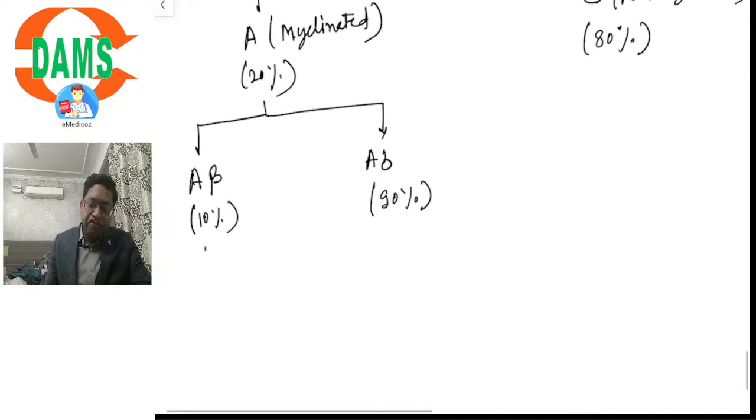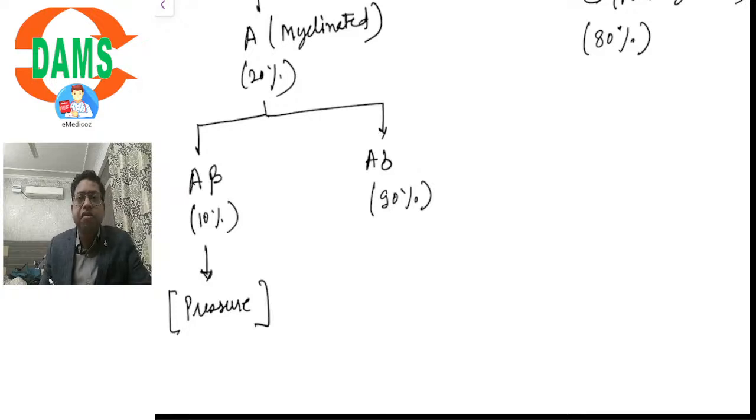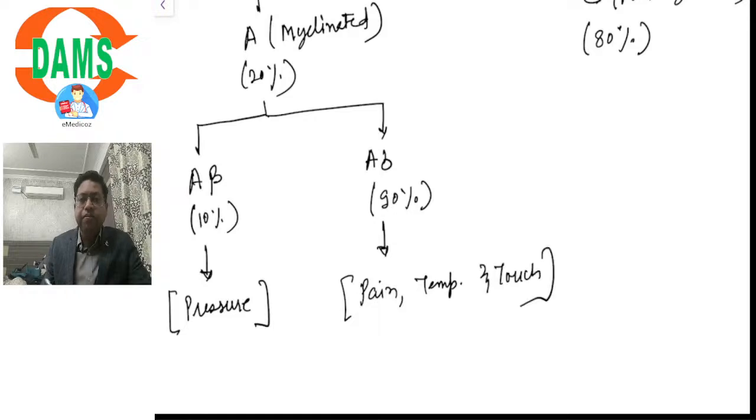What type of sensations are carried by the A beta fibers? That is pressure sensation. They are the proprioceptors. They sense pressure. A delta fibers sense pain, principally, temperature and touch. The principal sensation of A delta fibers is pain. They also sense temperature and touch.